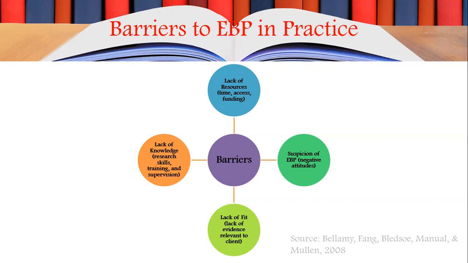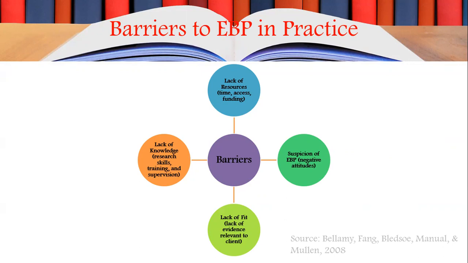Also, lack of fit, right? There might be some client populations that are not represented in the literature. And so it becomes very hard to find literature that really speaks to that client population, or that's consistent with the characteristics, values, and preferences of the clients that we serve. So maybe we search the literature and we just can't find anything that quite fits, okay? That could also be a barrier.